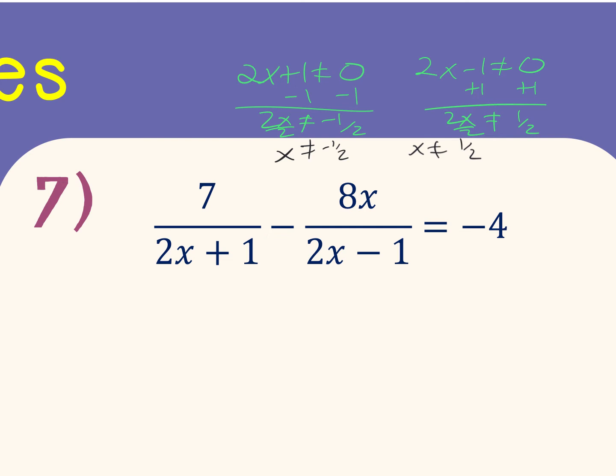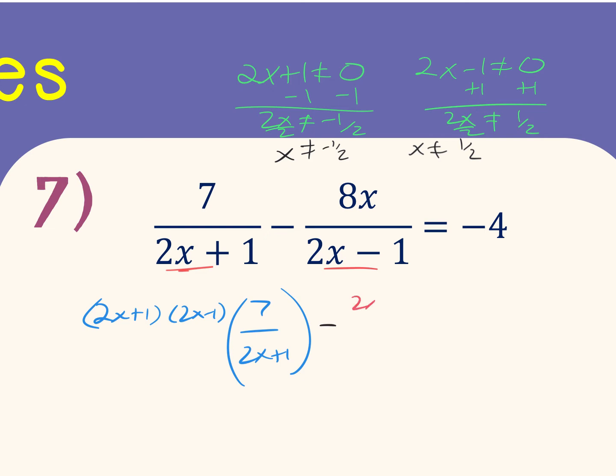Again, your common denominator is both of these. So I'm going to multiply each term by 2x plus 1, 2x minus 1. And then the second one, 2x plus 1, 2x minus 1, 8x over 2x minus 1.